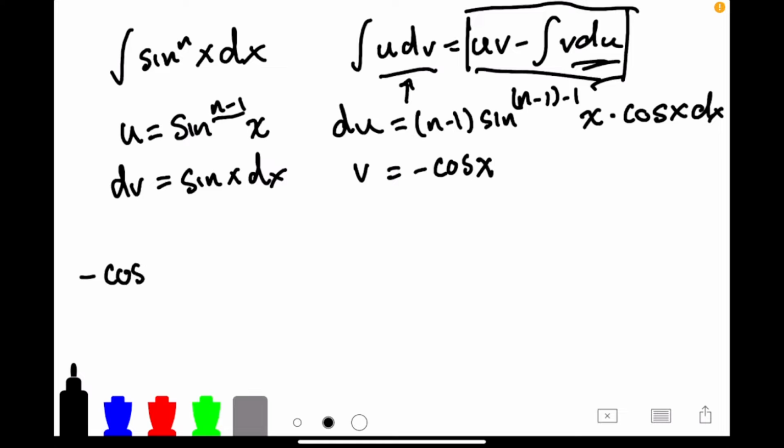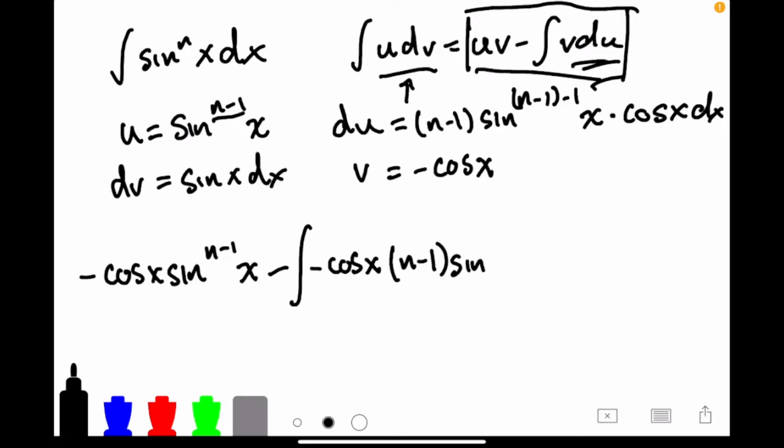negative cosine x sine to the n minus 1 of x minus the integral of negative cosine x times n minus 1 sine to the n minus 2 of x cosine x dx.